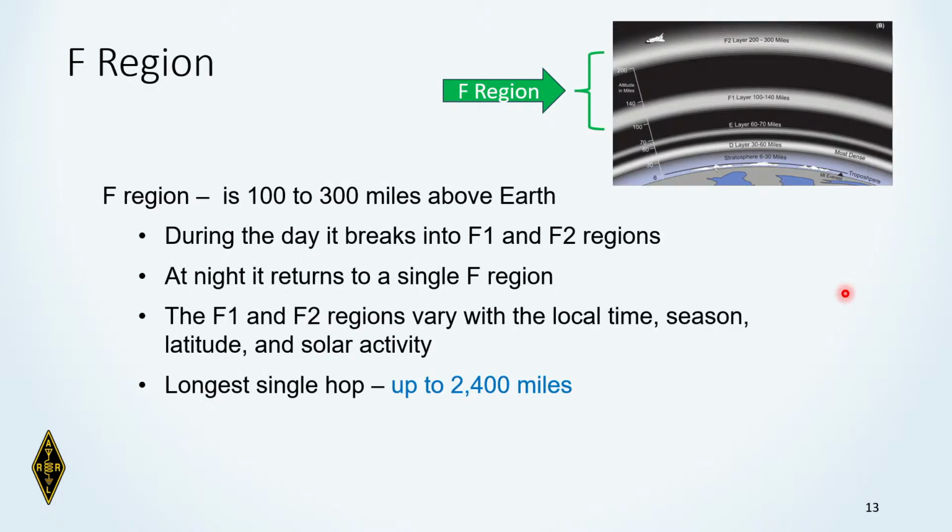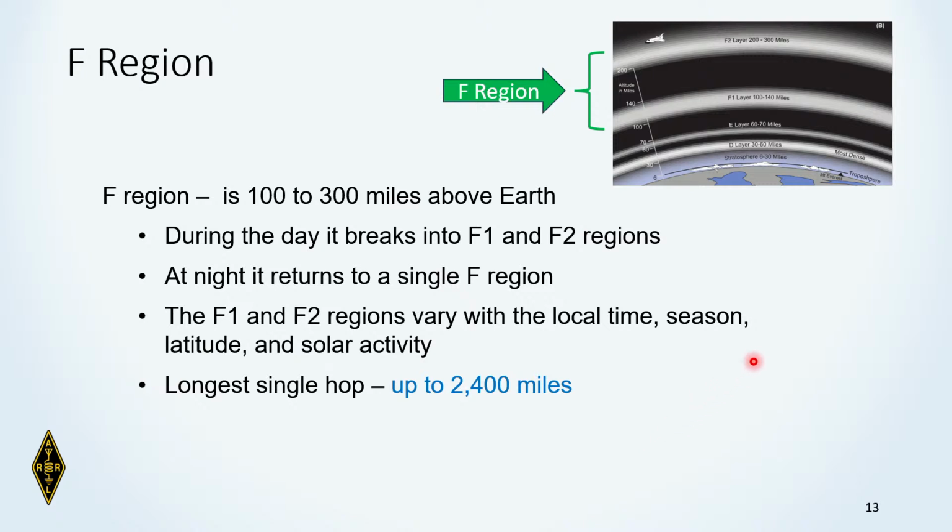Now the F region, this is the region that we really like the most because we can talk the furthest. 100 to 300 miles high. During the day it breaks into F1 and F2, shown here. At night it returns to a single F region, combines.